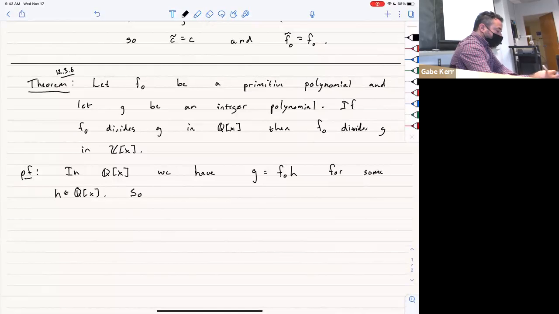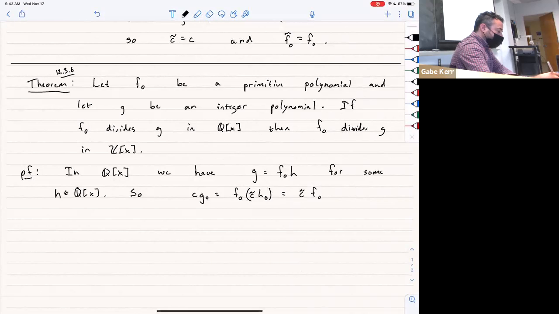So let's use C of G naught, F naught, tilde of H. I can bring that constant out to the front.